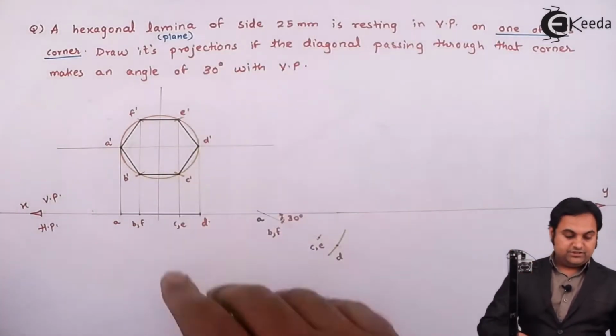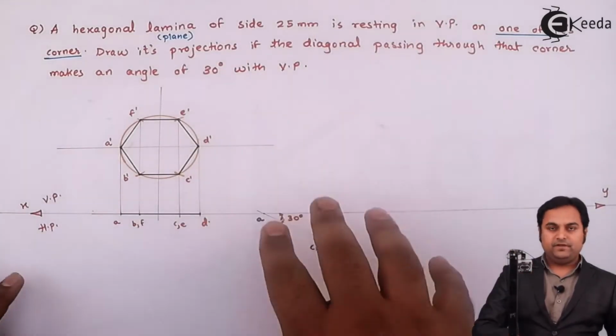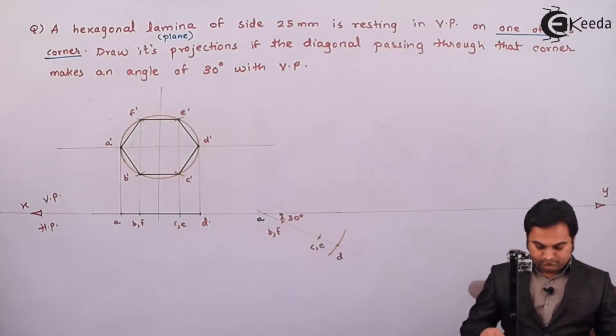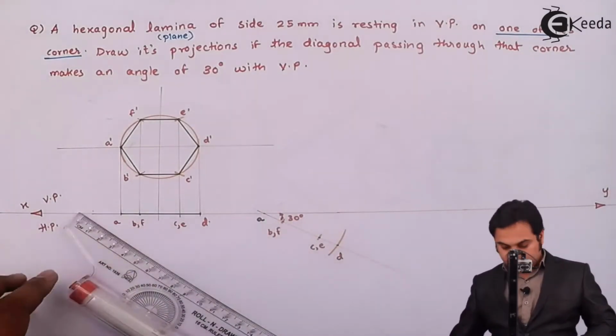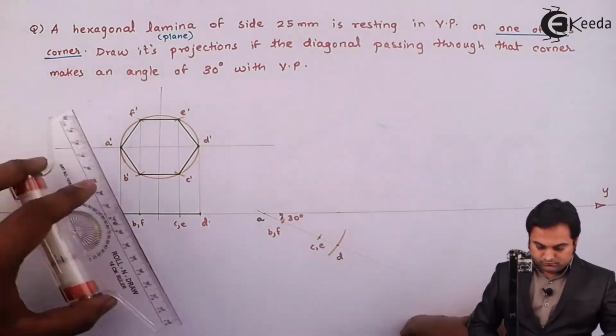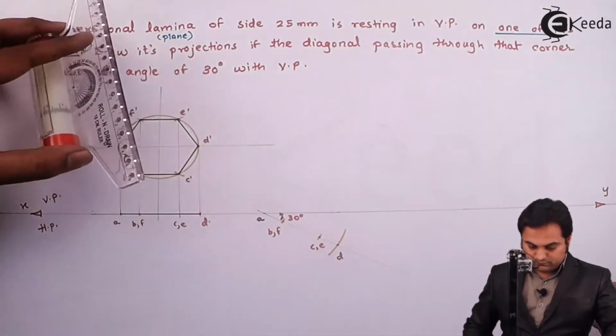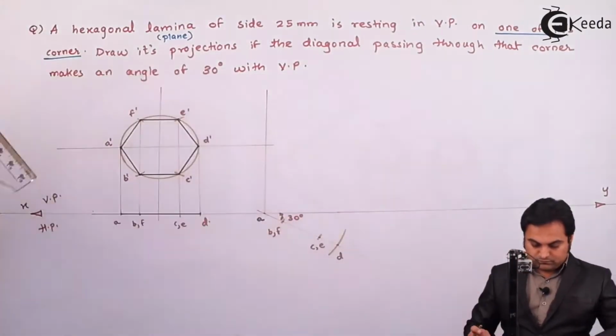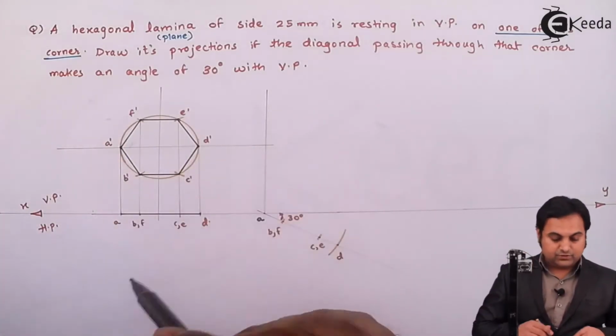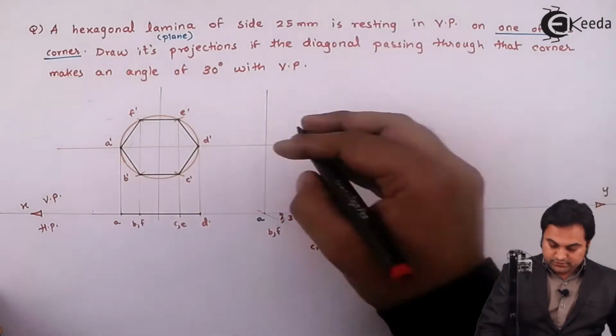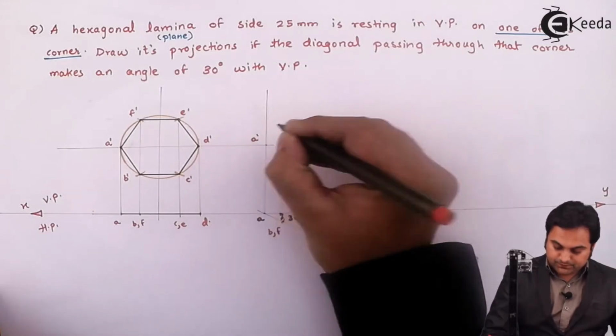next I'll project these points in the VP, that is for the front view. So A and A dash, where they intersect, that will give me the point A dash.